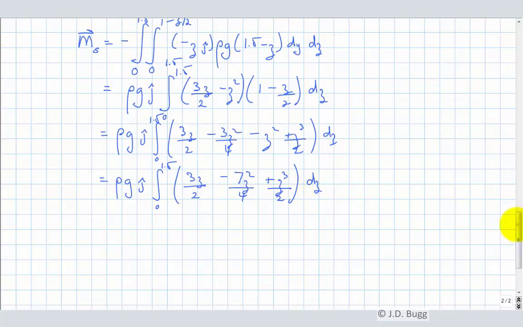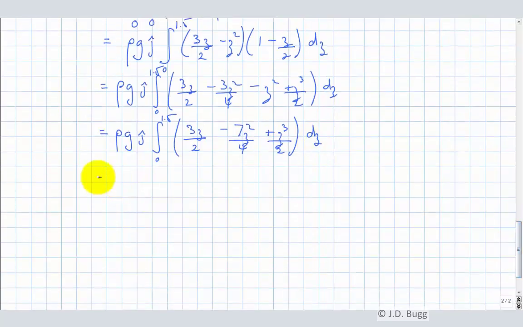So now we're ready to actually do the integration. Rho gj still out front. This becomes 3z squared over 4 minus 7z cubed over 12 plus z to the 4th over 8.